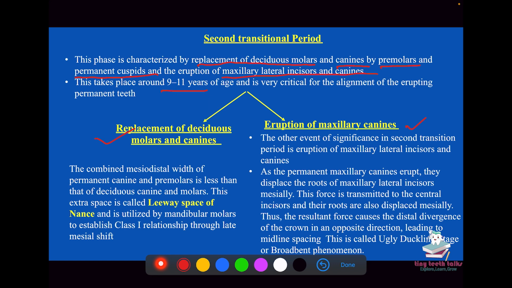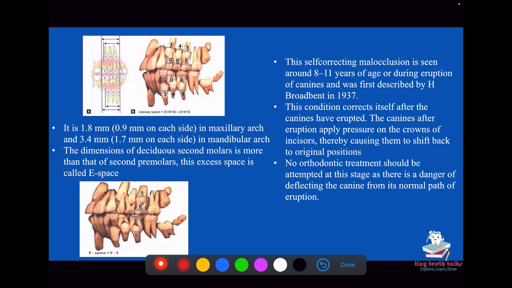The combined mesiodistal width of the permanent canine and premolar is less than that of the deciduous canine and molar. This extra space is called leeway space of Nance and is utilized by mandibular molars to establish class 1 relationship through the late mesial shift. We already went through this.